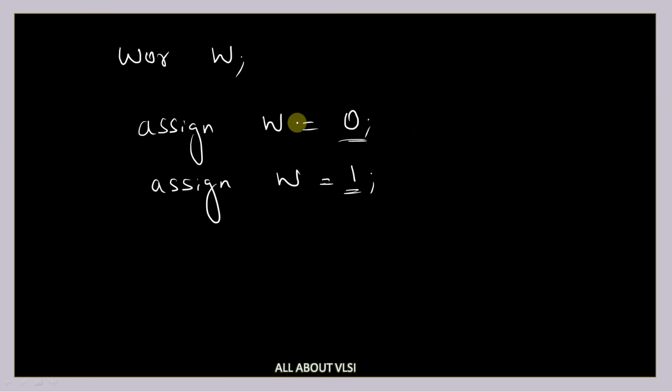What is going to happen here is that the OR operation will be performed on 0 and 1. What is the result of this logical OR operation between 0 and 1? It is equal to 1, so 1 will be driven onto the wire w.